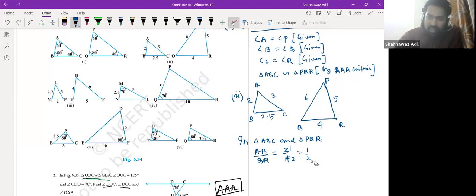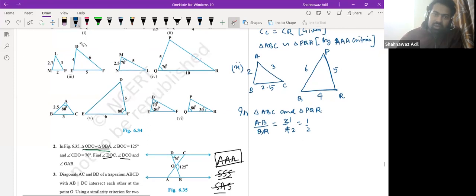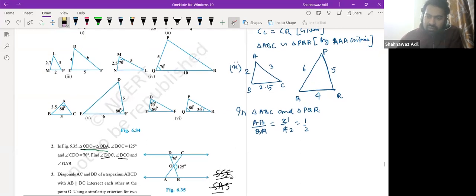And then what is the other side that I have to choose? You chose AB by QR. You could have chosen AB by PQ also, right? But if I choose AB by PQ, then the ratios would be different.